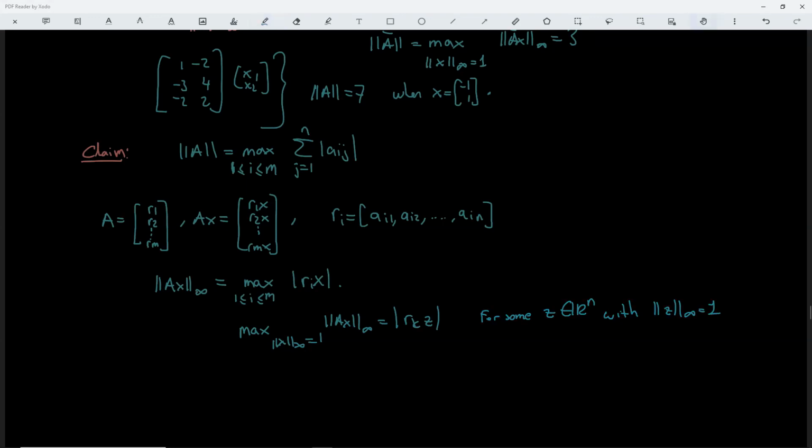And k is the row, so k is a number between 1 and m, for some k between 1 and m.